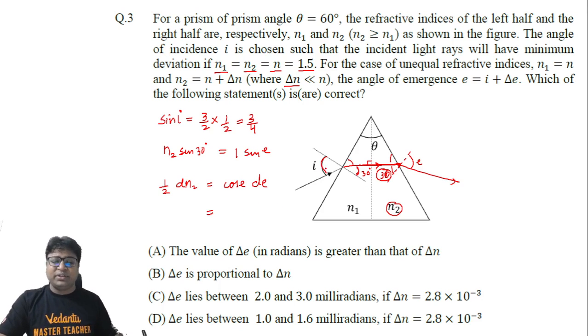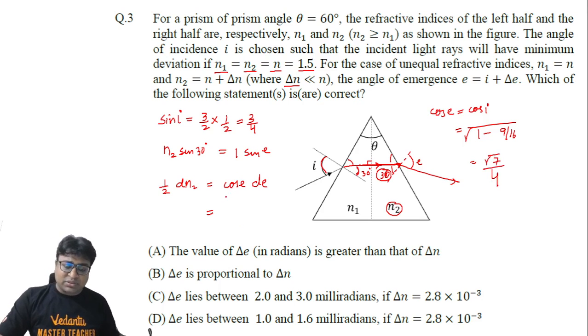The value of cos E right now would be the same as the value of cos I, because under the conditions when these two were 30, E will become equal to I. So we are going to write root of 1 minus sine square I, which is root of 9 by 16, which becomes root 7 by 4.